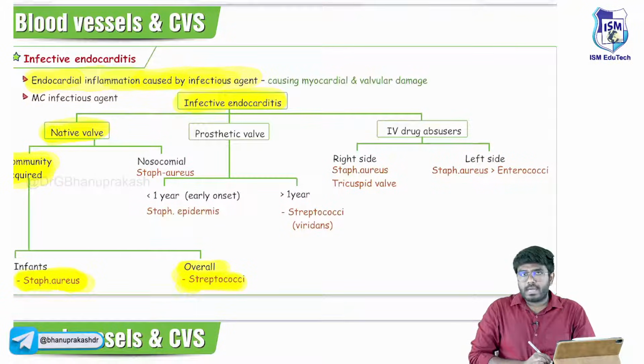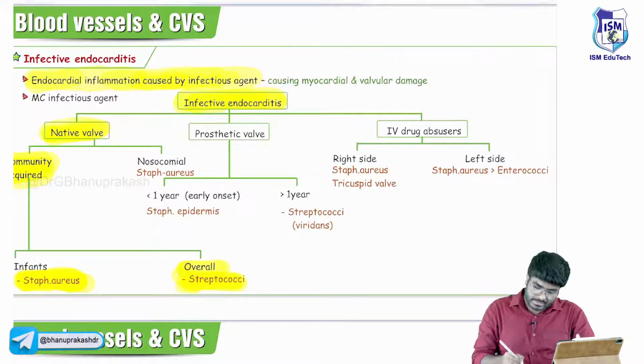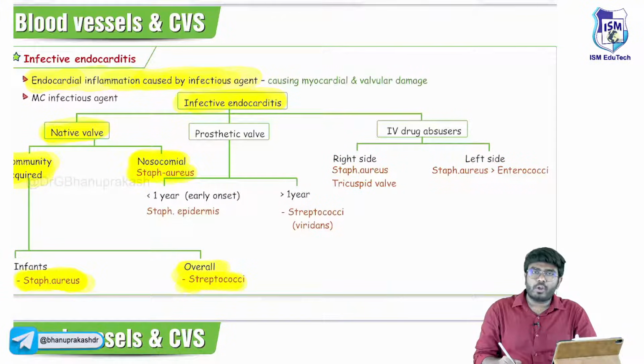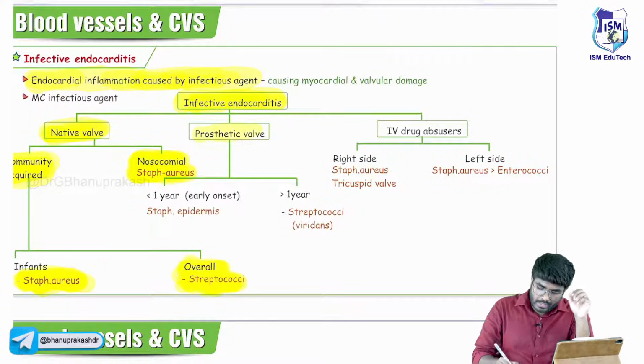And in a hospital setting, nosocomial means a hospital environment, the answer is going to be Staph aureus. So hospital environment Staph aureus, infants Staph aureus, but overall the most common cause of infective endocarditis in a native valve person is going to be streptococci.